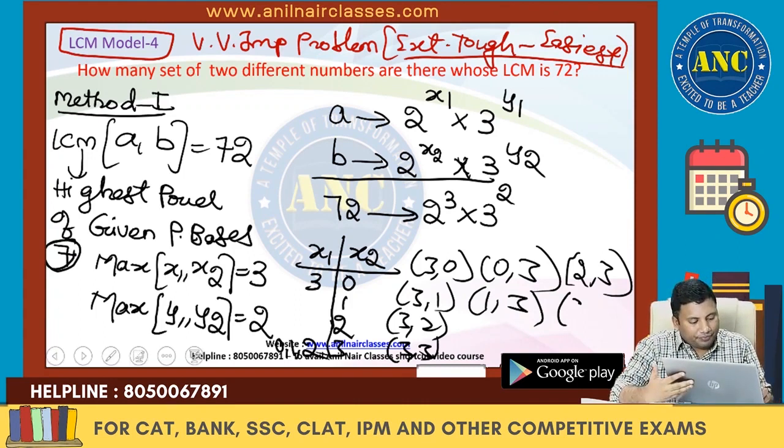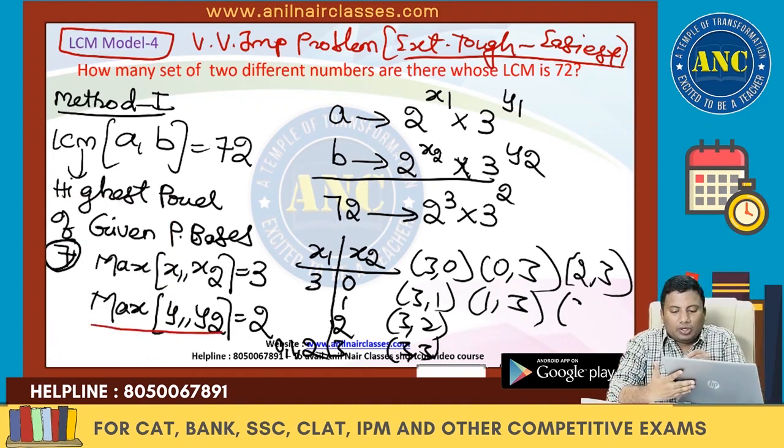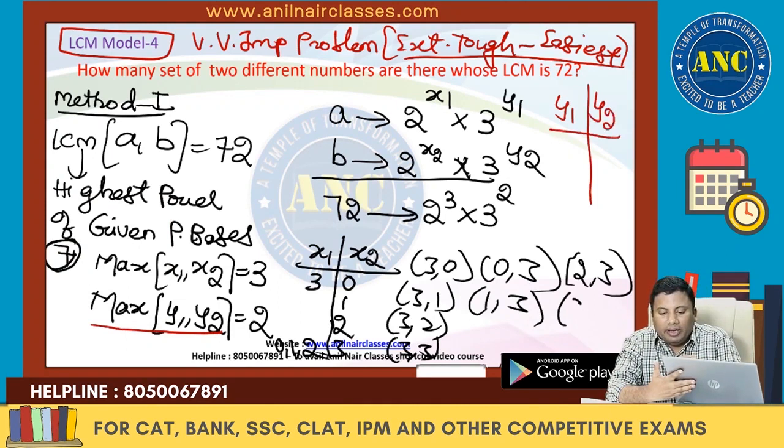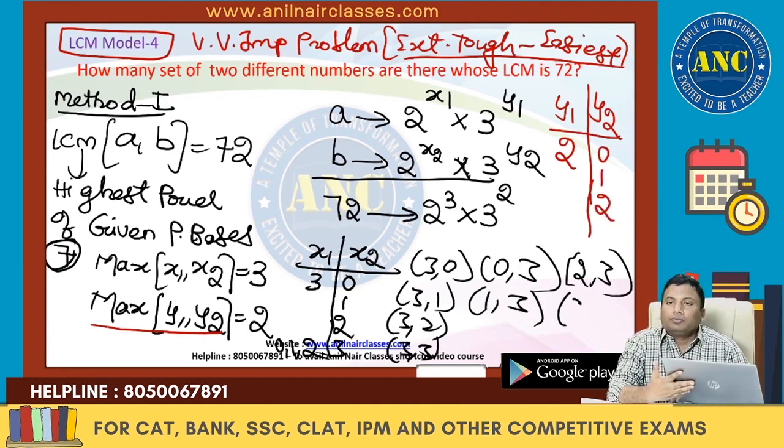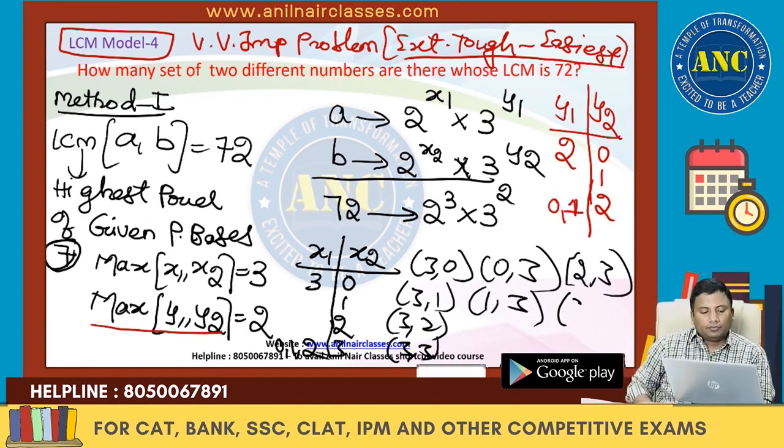Similarly, the maximum of y1, y2 is 2. If y1 is 2, y2 will be 0, 1, 2. If y2 is 2, y1 will be 0, 1. Is it clear to you?